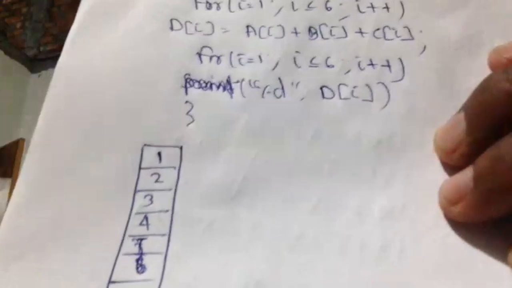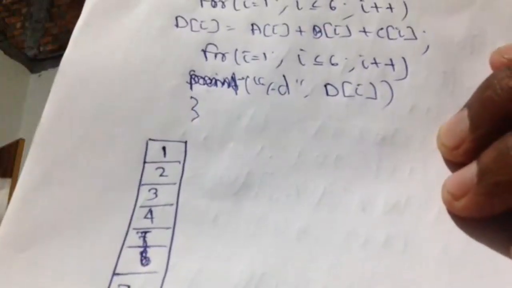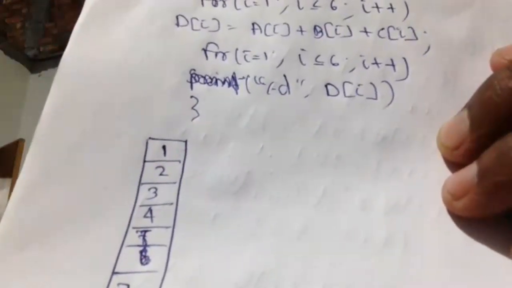Yes, sir. This is an array. I have not given any name till now. Suppose this is A. The name of the array is A. How many elements are there? Sir, 6. Okay, fine.